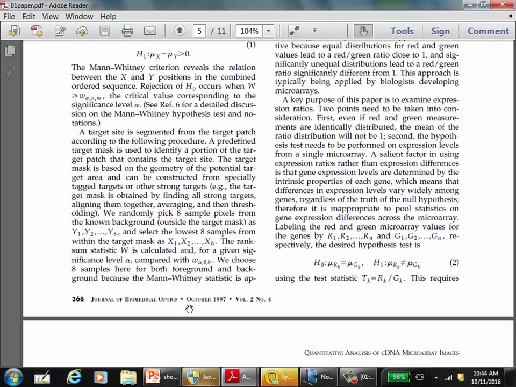It's at 5% or, you know, 1%, 0.1%, you can set the confidence level that you want, right, or the significance level, and then you can do this test, right? So if the rank sum statistic that you compute exceeds that critical value, right, then you will say the null hypothesis has been rejected, right? Which means that the pixels that you have picked up have significantly higher intensity than the background, right?